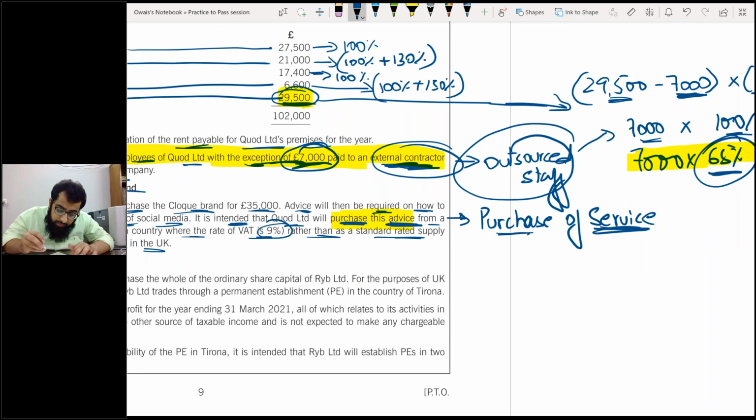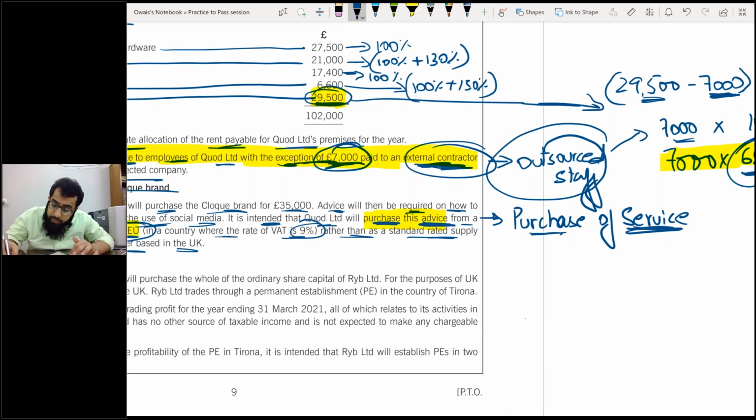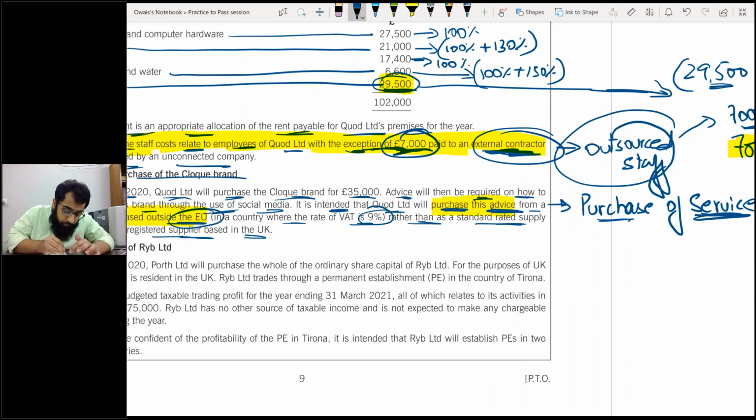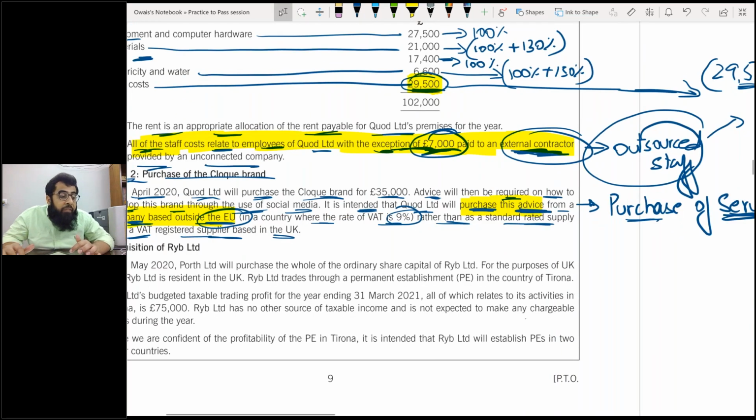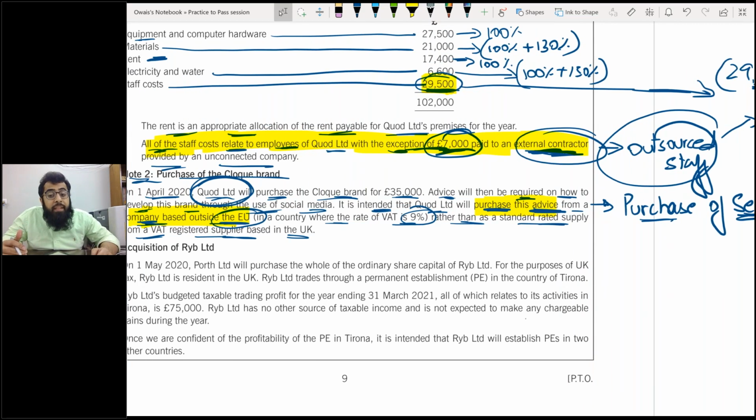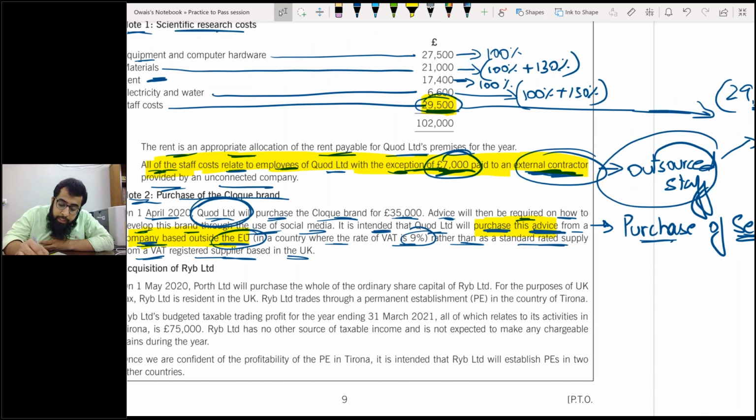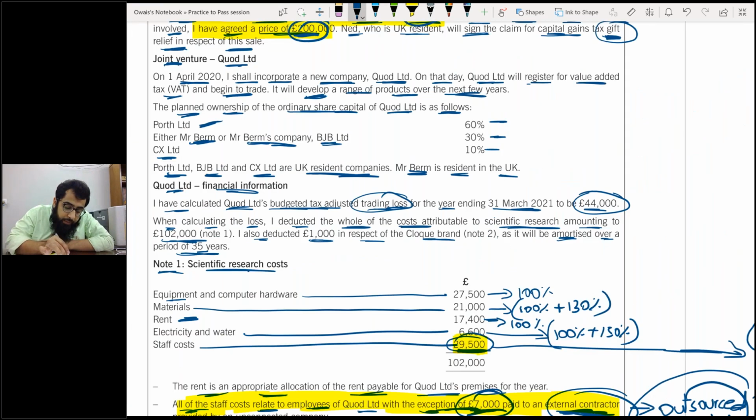Who is purchasing the service? Cord Limited is purchasing the service. My friend, please listen very carefully. We are Cord Limited. We are purchasing the service. And listen very carefully. Cord Limited will register for VAT and will begin to trade.